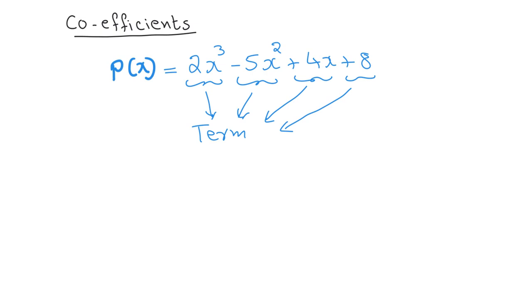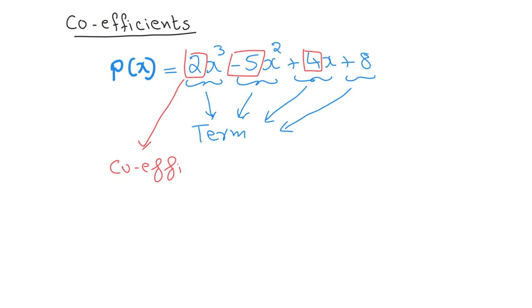Now, the constant number that is multiplied with the variable is called the coefficient. Understand now?